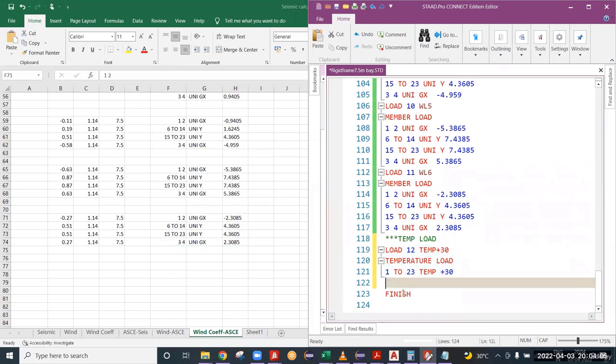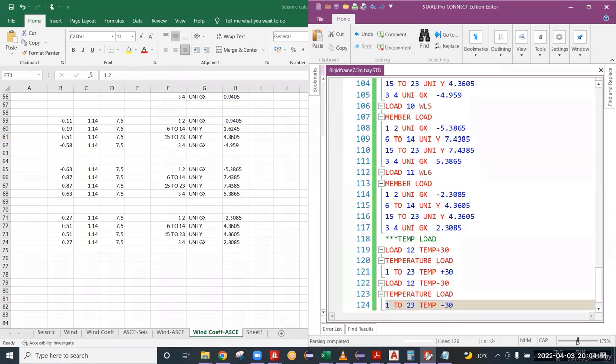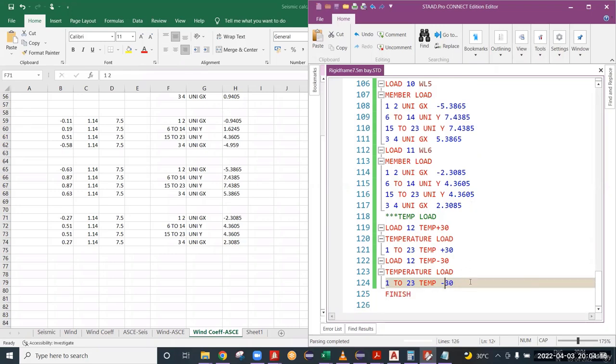The same thing applies for freezing temperature also. After applying the loads, what is the next number? It will be 13, sir. Load number 13, yeah, exactly.